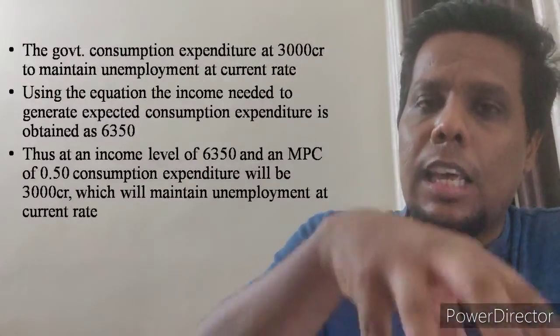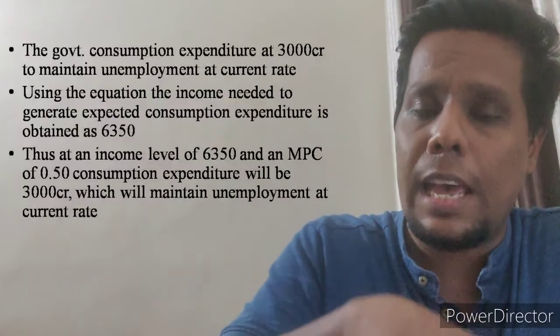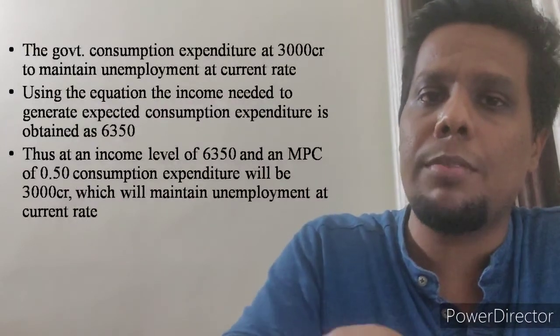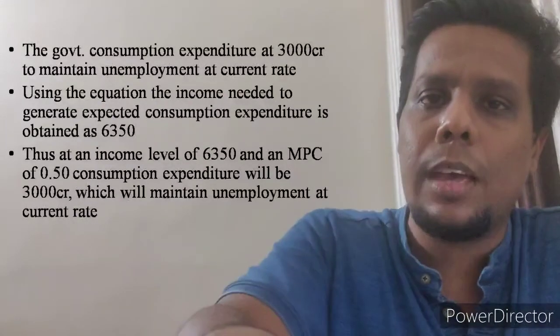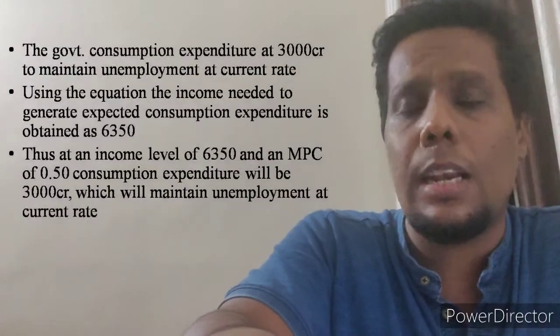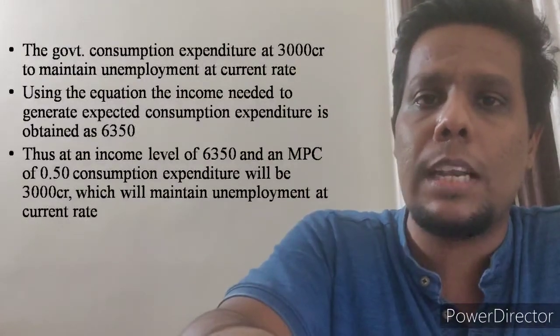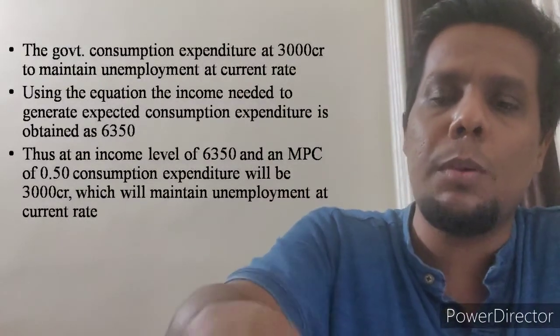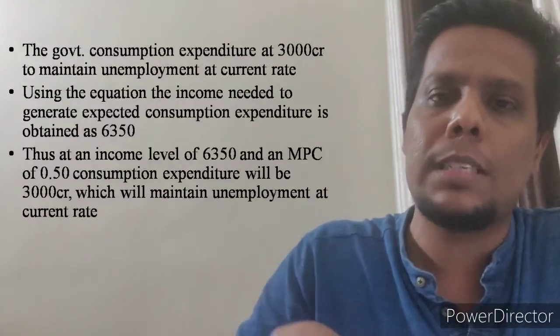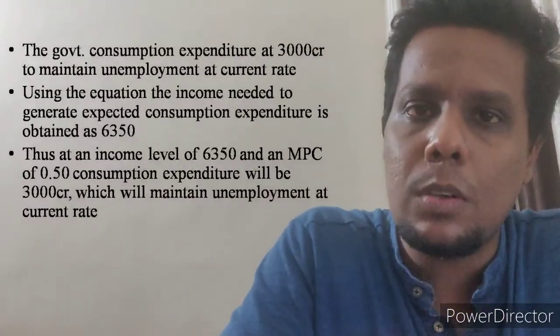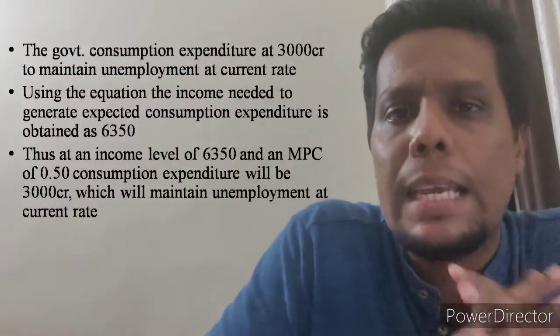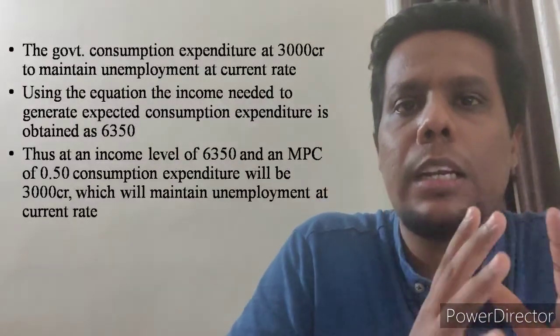This means if we have an income level of 6,350 crore rupees, and a marginal propensity to consume of 0.50, we will be able to generate a consumption expenditure of 3,000 crore rupees, which will help to maintain the unemployment at the current level.